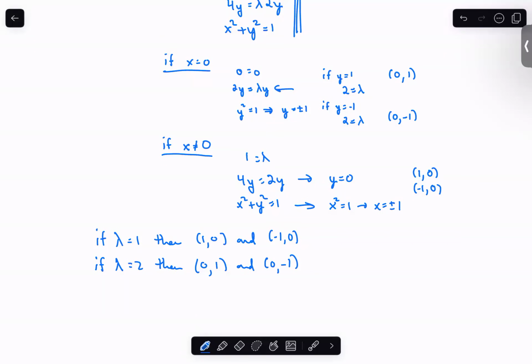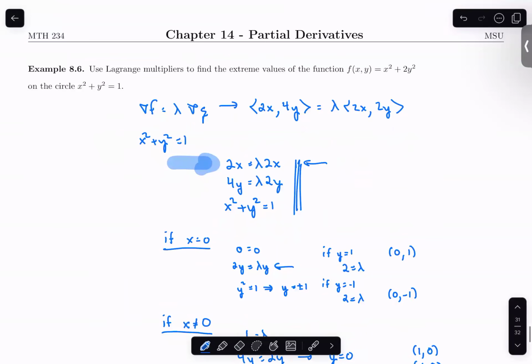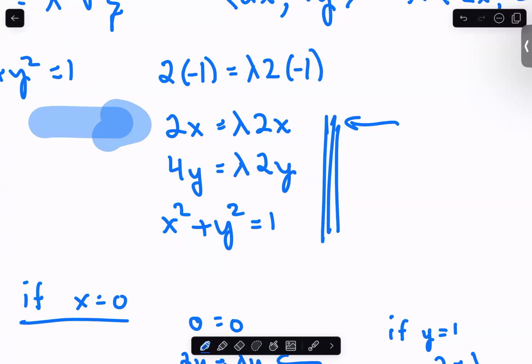To verify the (-1, 0) solution, work with the 2x equals lambda times 2x equation. If we were to plug this back in, x is -1 on both sides.